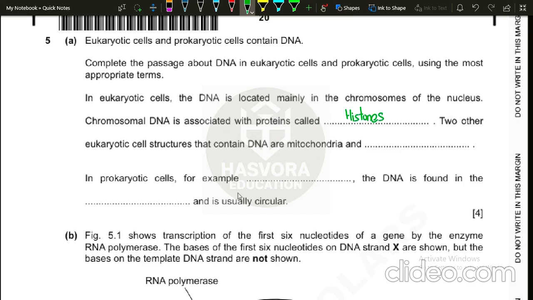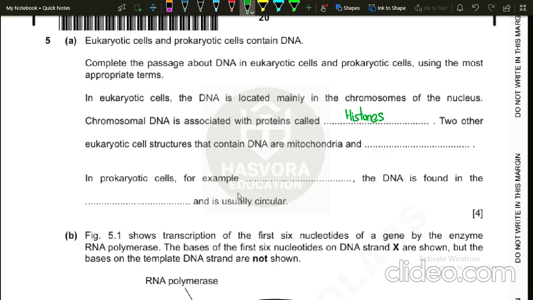In humans, there are 8 histones around which the chromosomes are wrapped, so that they can be accommodated in the small nucleus, because you know that the chromosomes are very long. So in the eukaryotes, they are associated with proteins called histones.